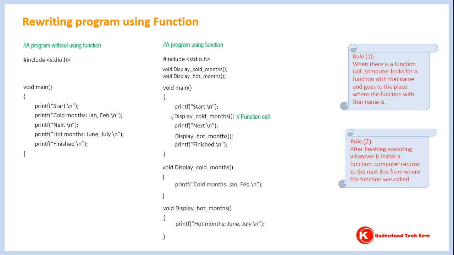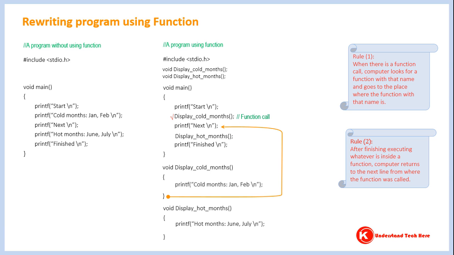If function is not returning anything, after executing whatever is inside a function, computer returns to the next line from where the function was called. Hence, after executing line printf whole month Jan February, computer returns from this point to this point. So is it clear?